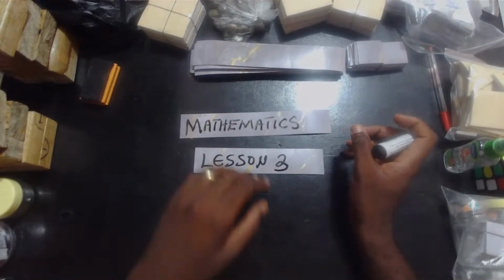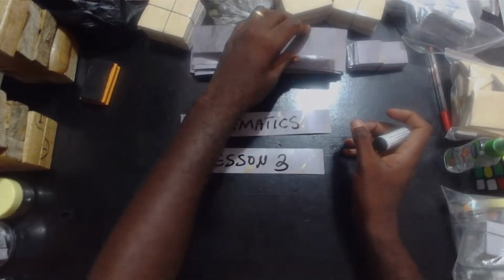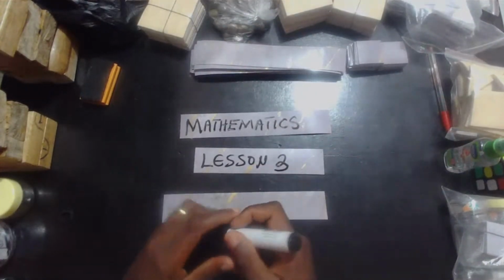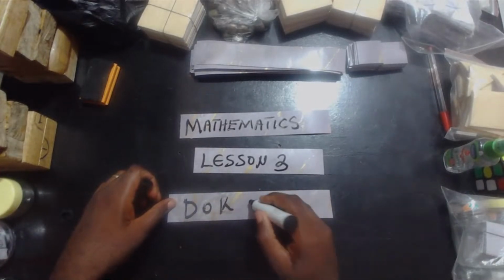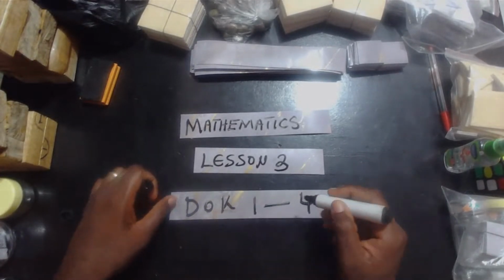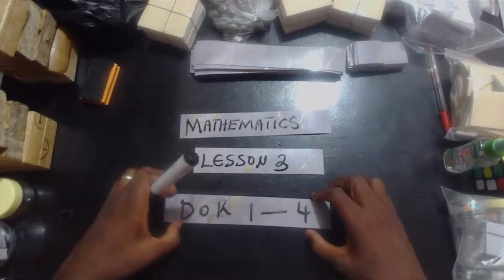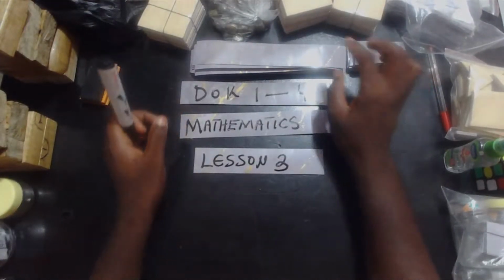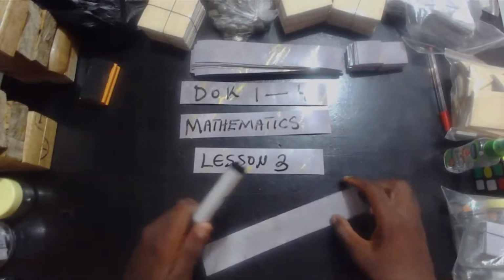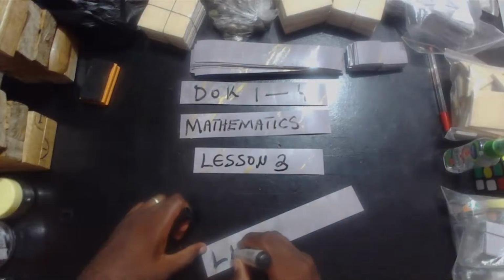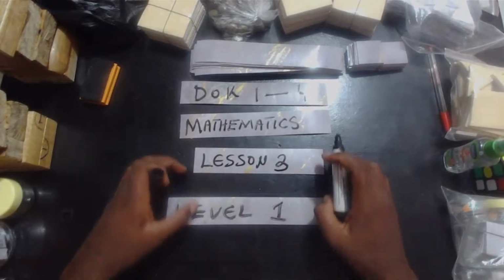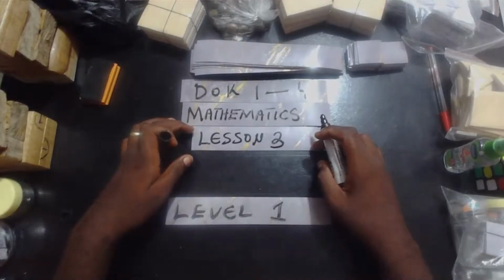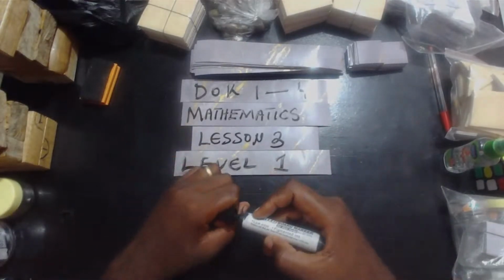We're going to look at 4 levels of difficulty, what we call DOK 1 all the way to 4. So we're going to start with level 1 for the lesson.